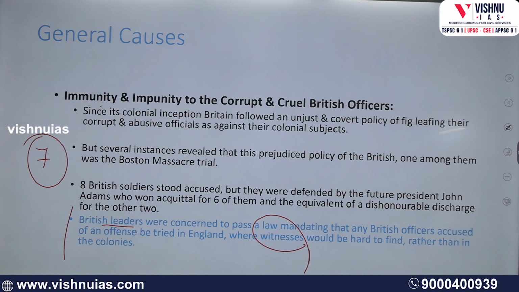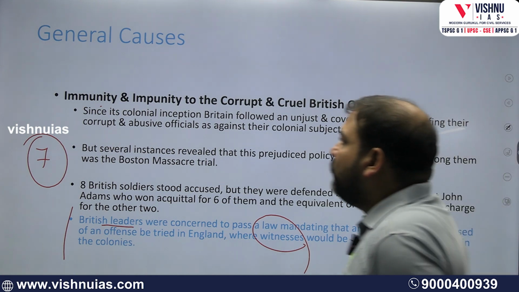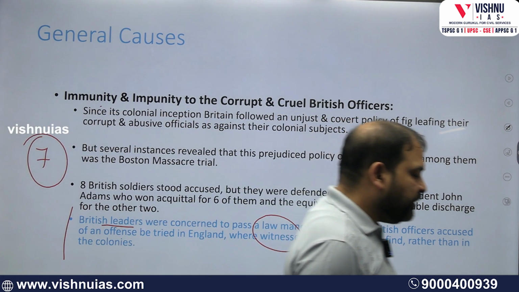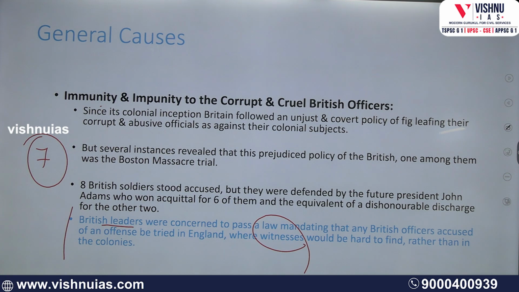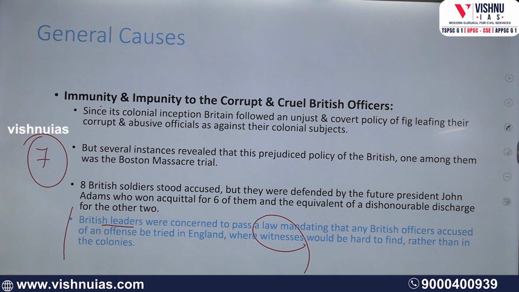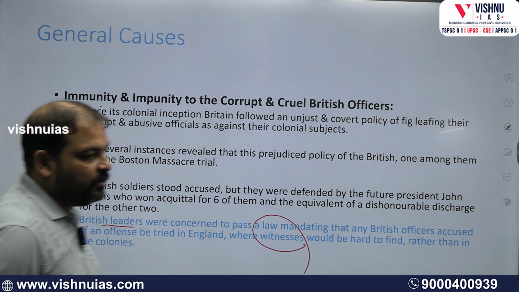Seventh, immunity and impunity to the corrupt British officers. The last line can be written under this, that the matter was shifted to Britain, where usually you would not get people to prove or witnesses.